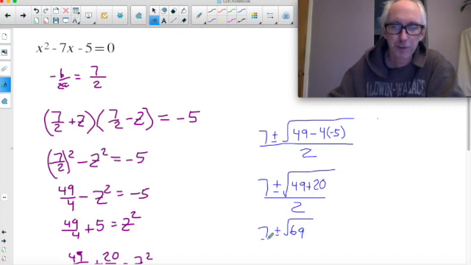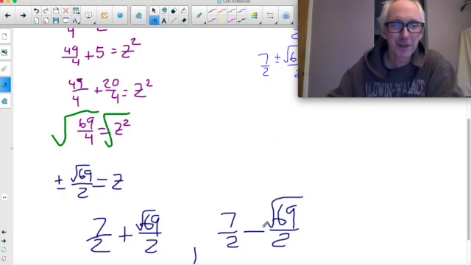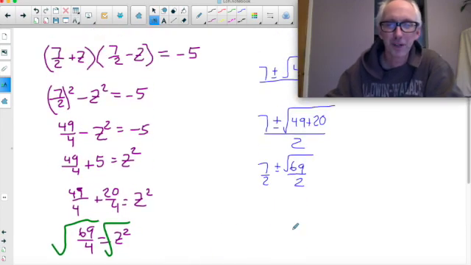Okay, and this whole thing's over 2, so I'm just going to separate this into 2 separate fractions here. And notice we get the same answer that we got using Loh's technique. Okay, so Loh's technique, to me, is a lot simpler than even the quadratic formula.